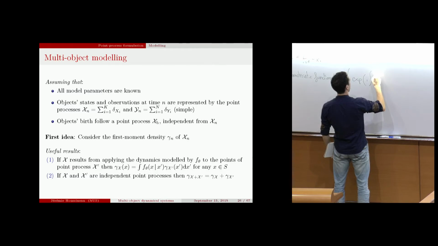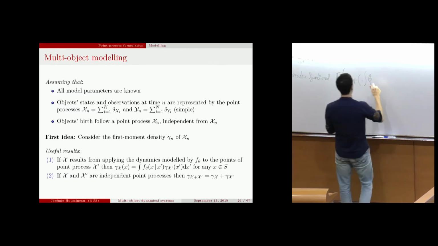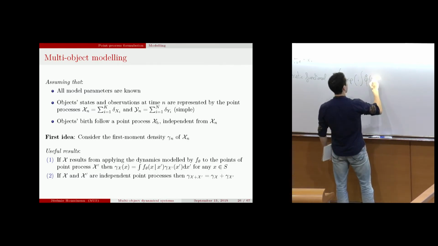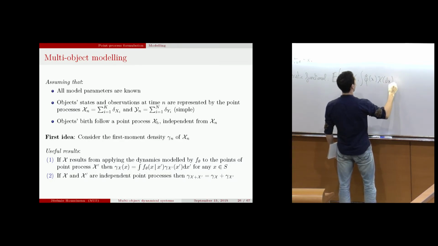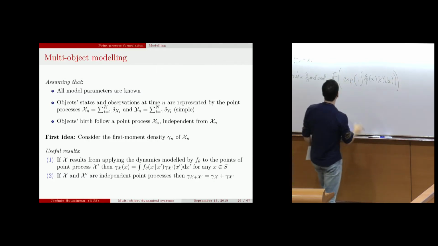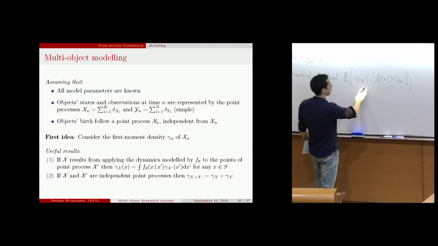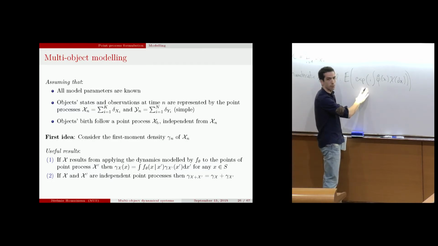I'll put a hat, because I'll deduce other forms from there. Here I'll be a bit abstract on purpose, because as I was saying, this works for basically any form of random measure. You can write a characteristic functional like this.